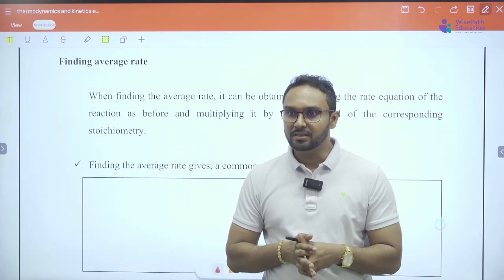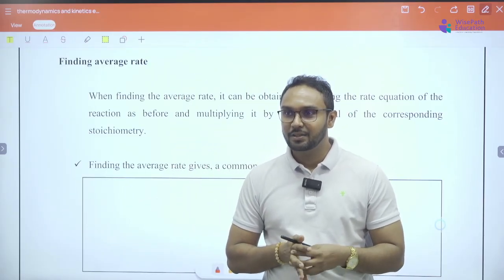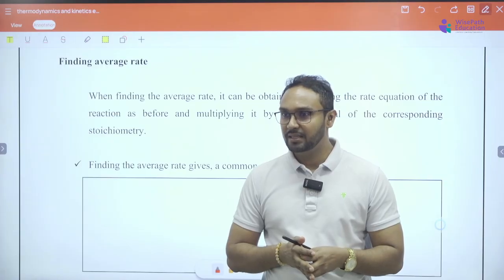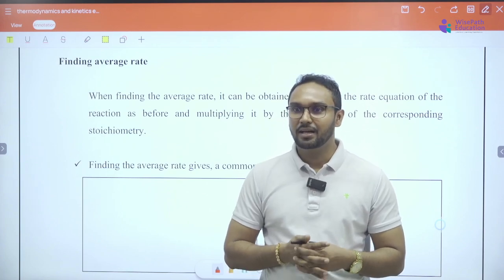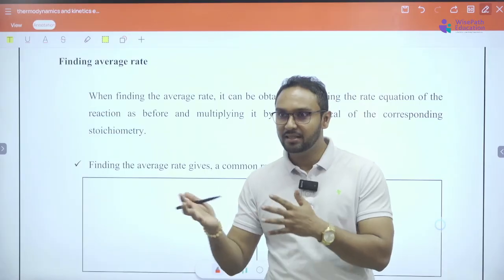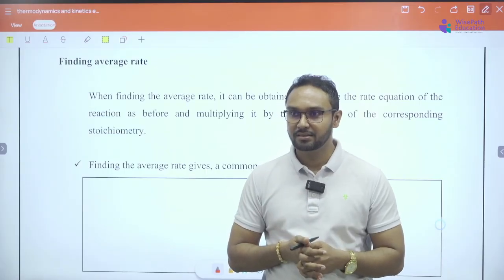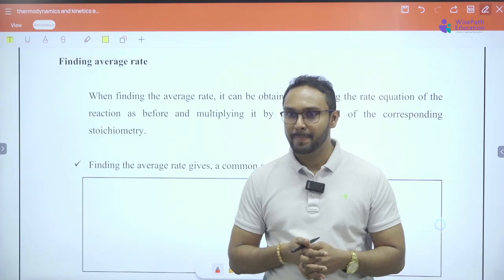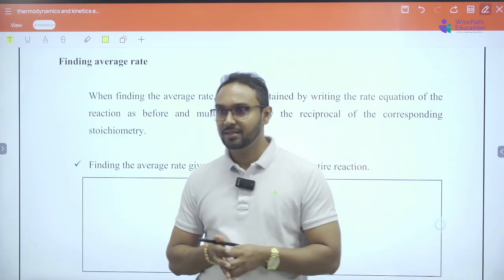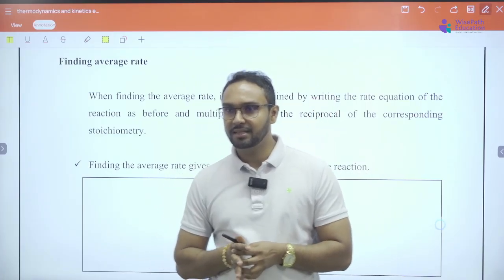So what is bothering us now? To take a common, even rate of reaction for all the reactants and products. What factor changes the rate of reaction here? Stoichiometry. Yes, stoichiometry is the factor that changes the rate of reaction.